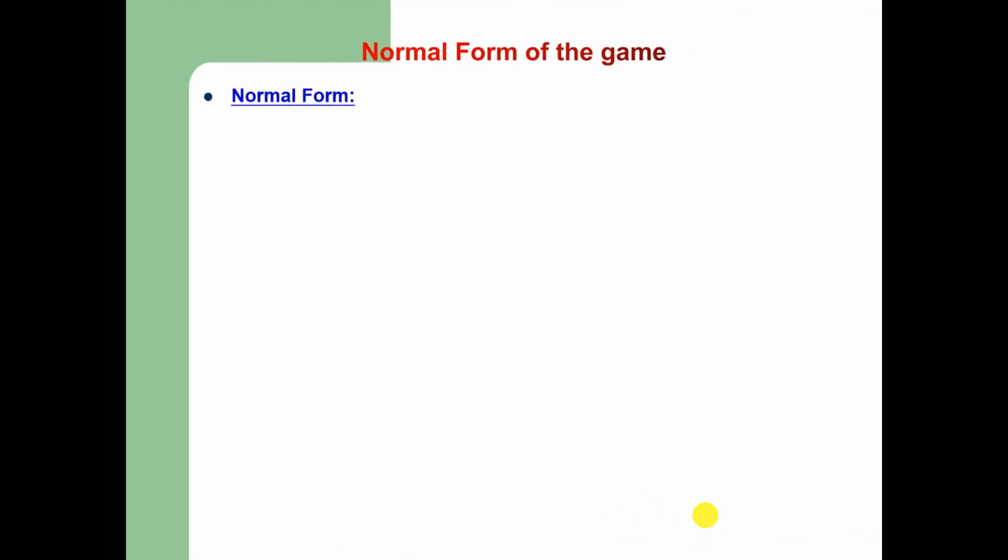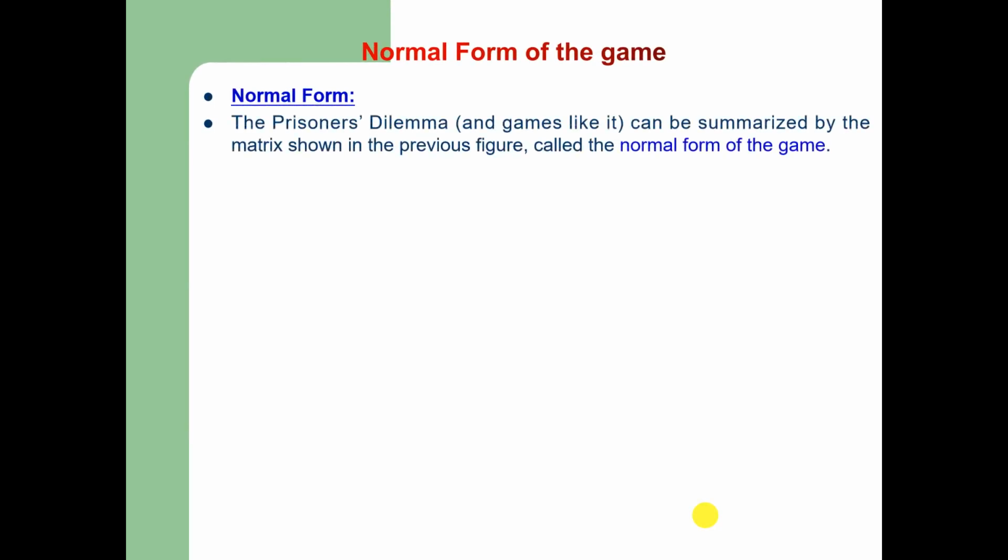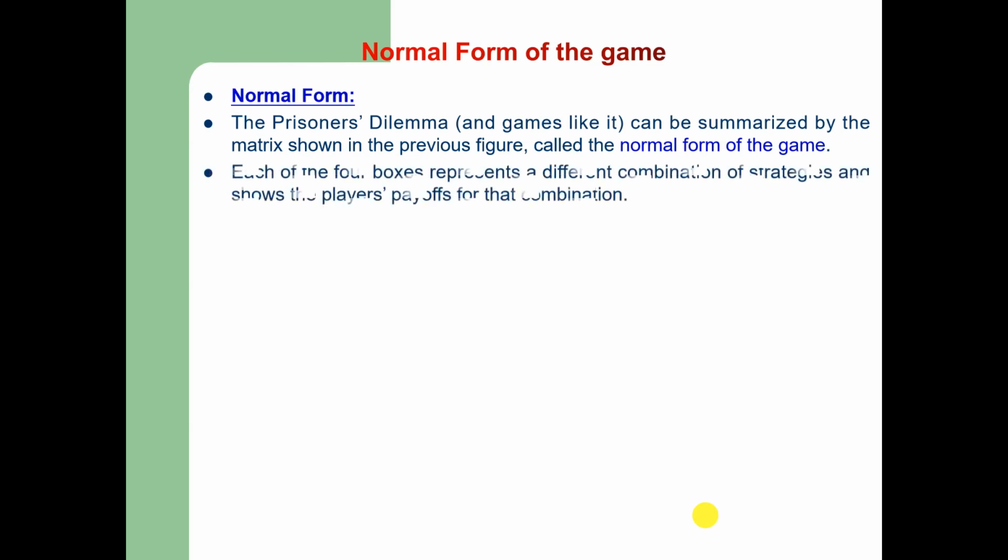Now we will discuss the normal form of the game. What do we mean by normal form? The prisoner's dilemma and games like it can be summarized by the matrix that we just explained in the previous slide, and that is known as the normal form of the game.